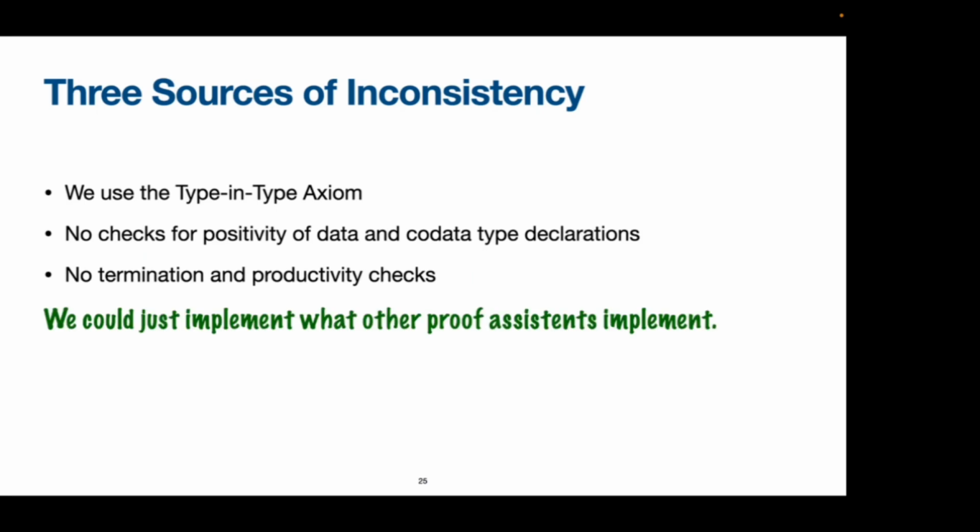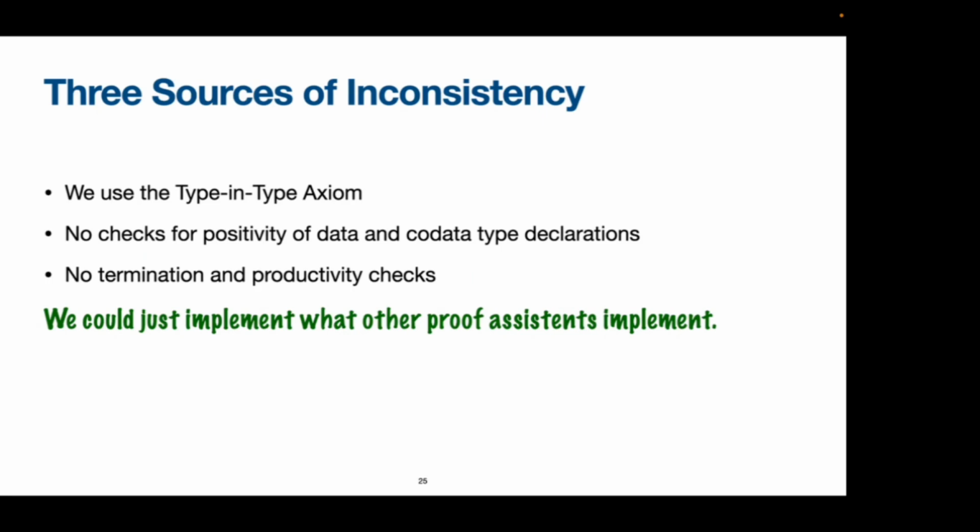So on the one hand, we could just implement what other proof assistants implement. So we could implement a hierarchy of type universes. We could check for positivity of recursive occurrences in data and codata type declarations.